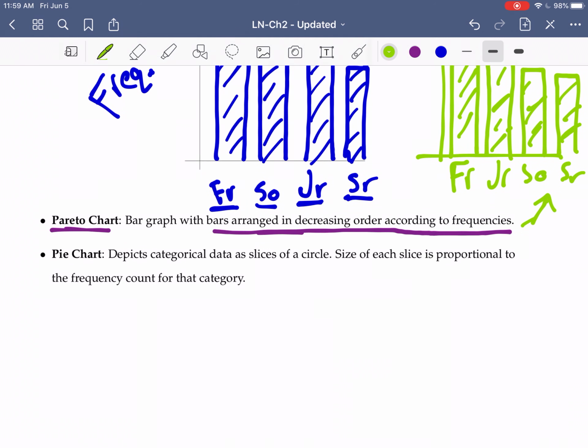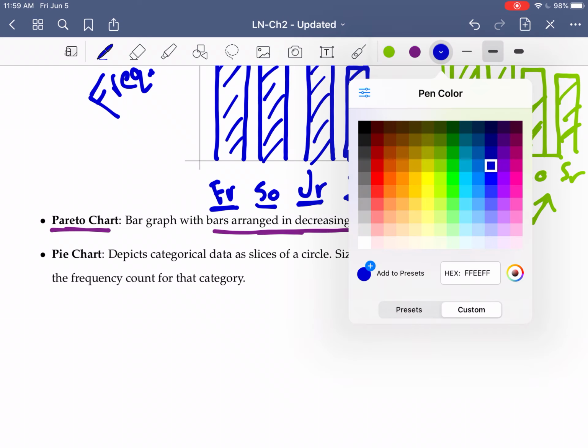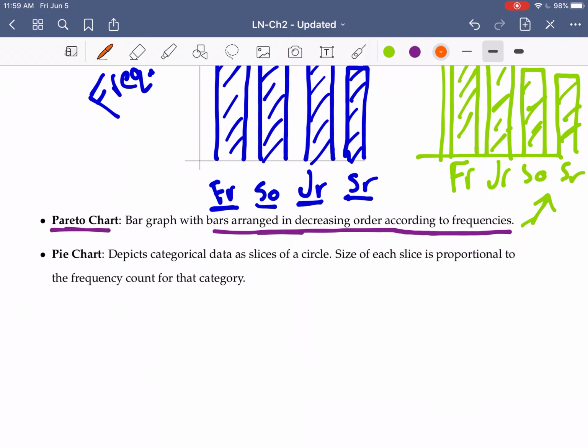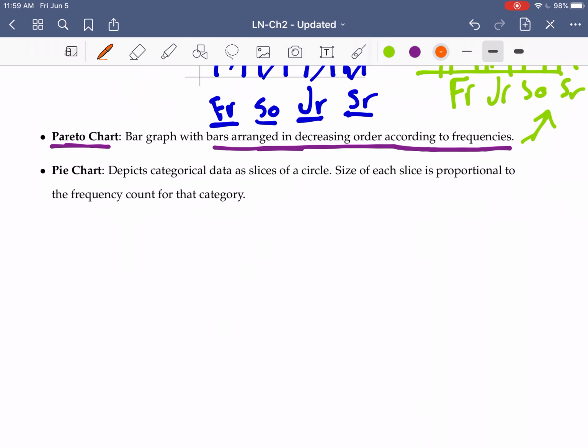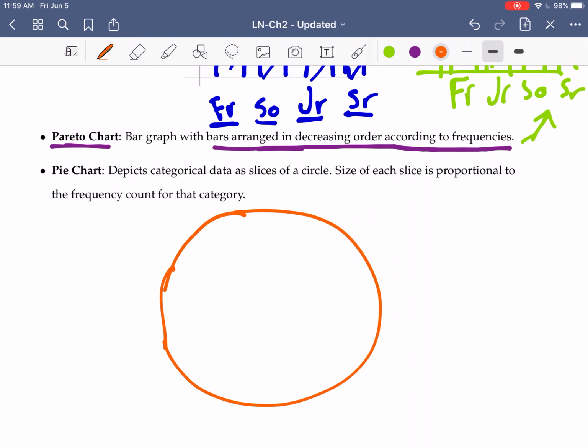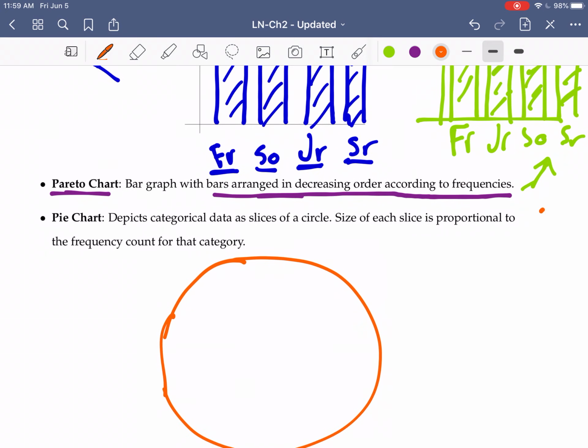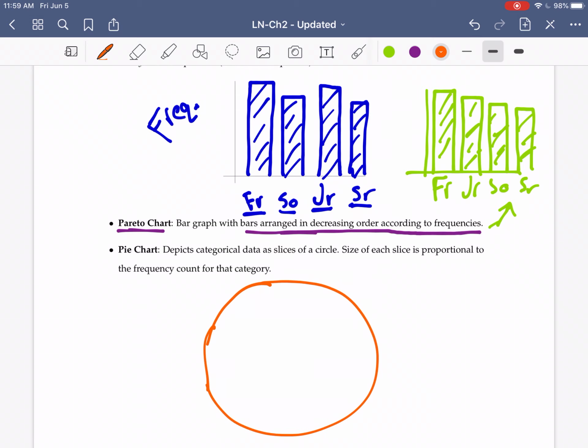And then finally, a pie chart. That's something that many of us are used to, we've encountered before. But there, with a pie chart, you have a circle, and then you take this circle and you split it up into different pieces. So this is the proportion that are freshmen. Here's maybe the proportion that are juniors.